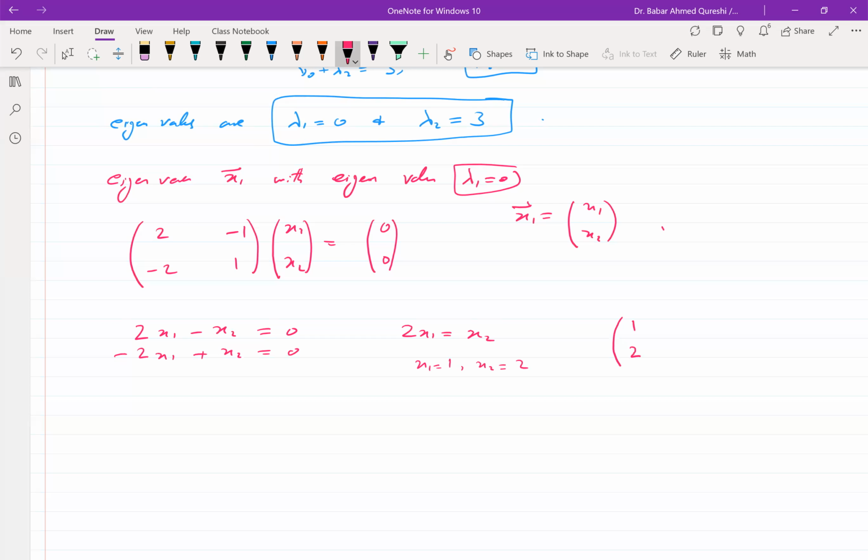So (1, 2) is an eigenvector, and you can check: 2 minus 2 is 0, minus 2 plus 2 is 0. It is an eigenvector with eigenvalue 0, because this is equal to 0 times (1, 2).